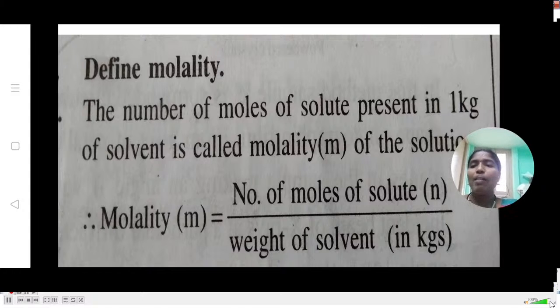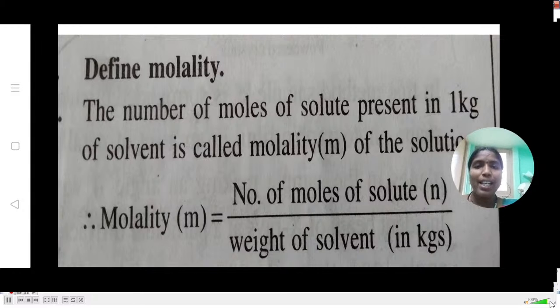The molality formula: m is equal to the number of moles of solute, in brackets n, divided by the weight of the solvent in kgs. There is another formula. In the first equation the weight of the solvent is in kgs.